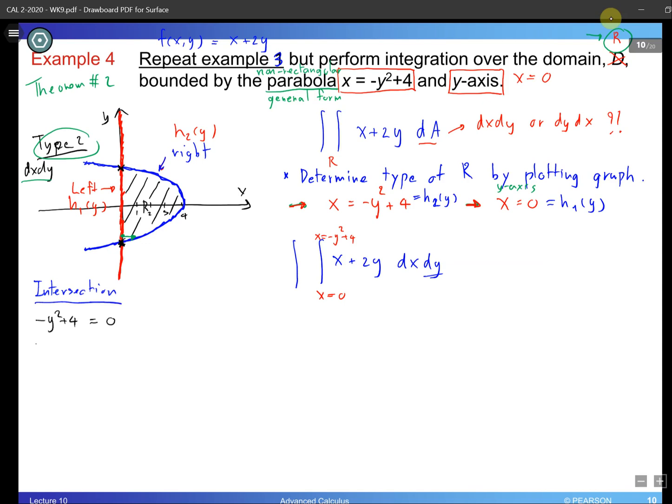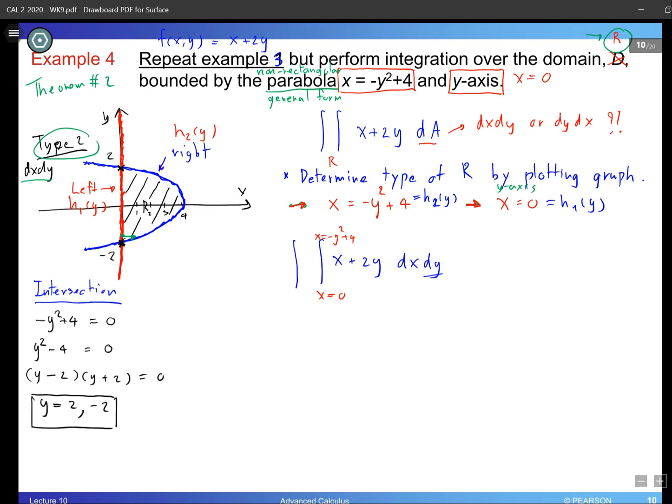As you can see here, this is y squared minus 4 equal to 0. So we have y minus 2 and y plus 2 for the factorization, and in the end we know that y has to be equal to 2 or minus 2 to make this equation true. This happens at two values of y: at minus 2 down here, and at 2 up here.